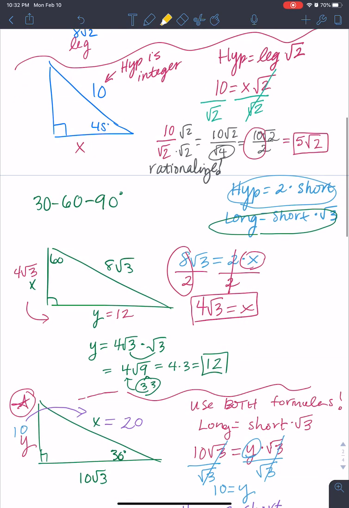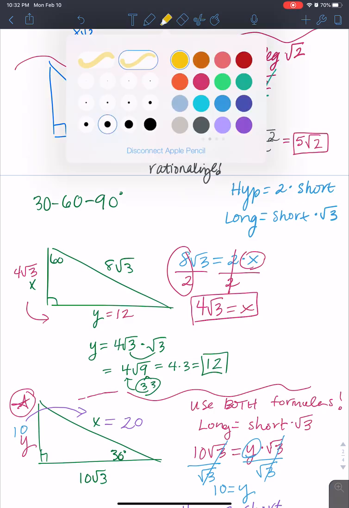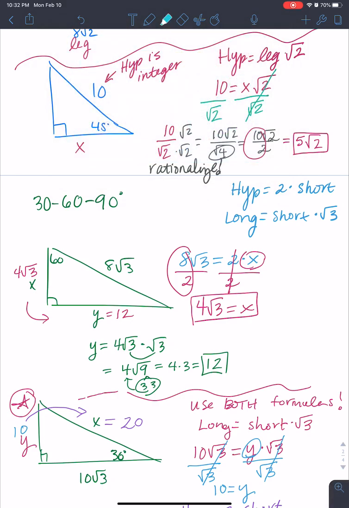And then these two for 30, 60, 90. Okay, so you have 2 options for those. Sometimes you have to use both of them, sometimes just one of them. That's for your 30, 60, 90.